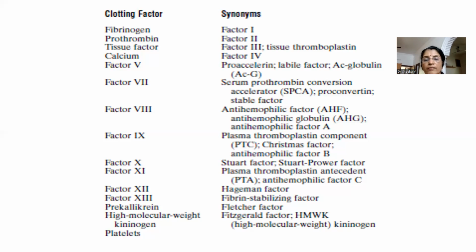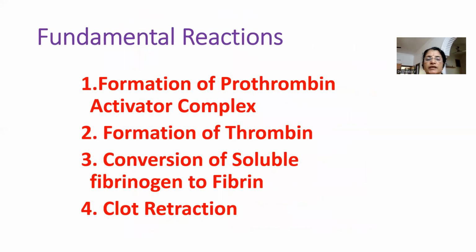Next, we can see how this coagulation takes place. First, we can see the fundamental reactions that happen in the coagulation. That's the formation of prothrombin activator complex. What is prothrombin activator complex? It is the complex that converts the prothrombin to thrombin.